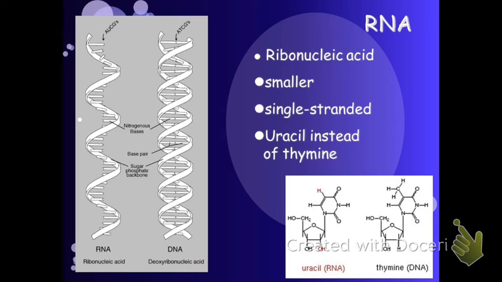But RNA is not only a single strand compared to double-stranded DNA; instead of thymine, RNA does not have any thymine, it has uracil. So if you remember that A usually bonds with T, in RNA, A is going to go with U, and then G with C. So RNA is single-stranded, and there's no thymine.